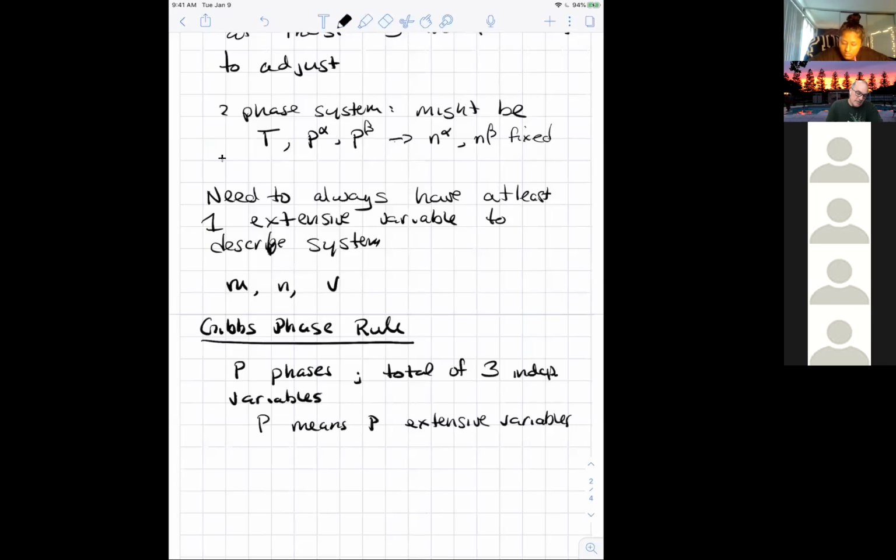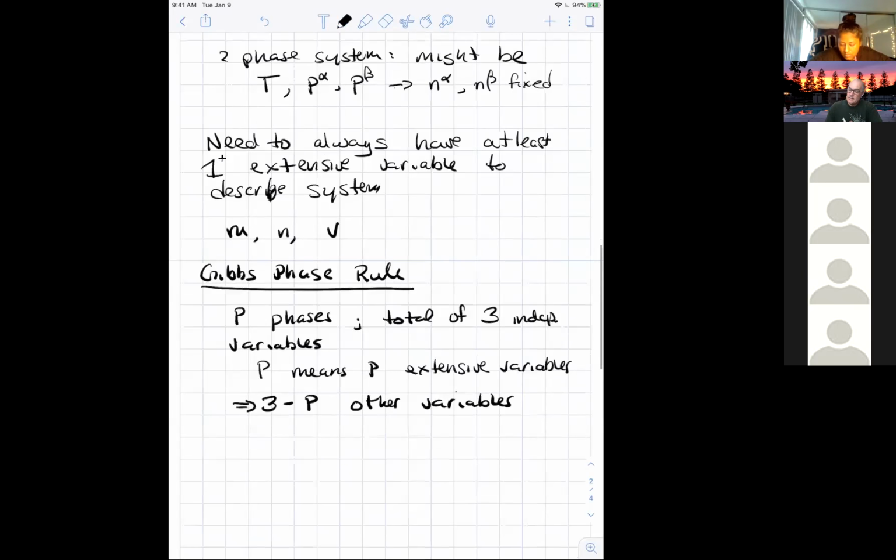Okay, so this means we can have 3 minus P other variables, right? These could or should be intensive variables.